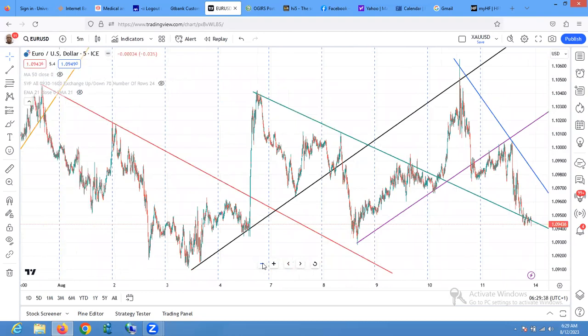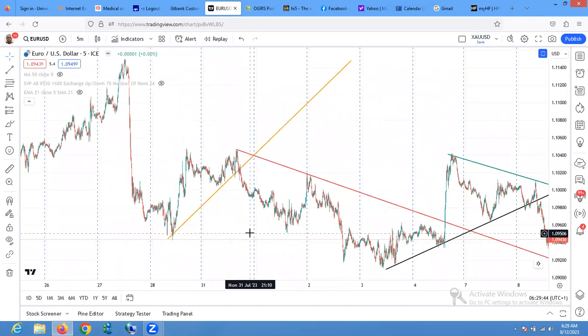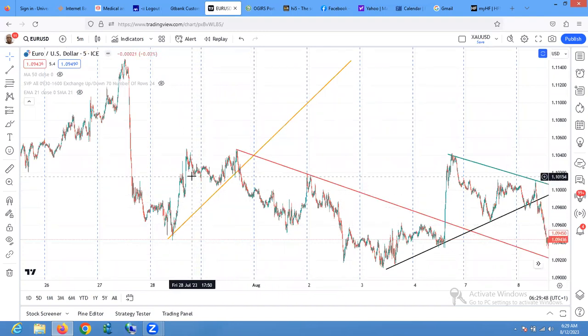I think I can't have more than this. So let's go to the first one. Now, this is the first one. There is the first move here. You are looking at this lower low, and this is a lower low here until this happens. So you might take this as a structure break here at this level.